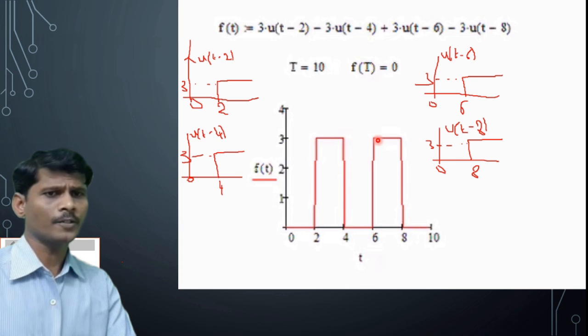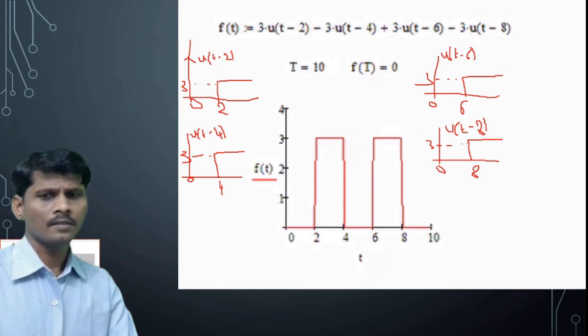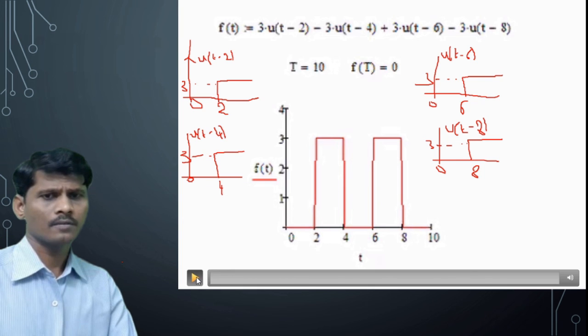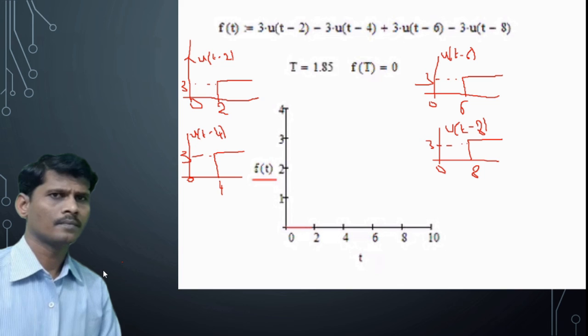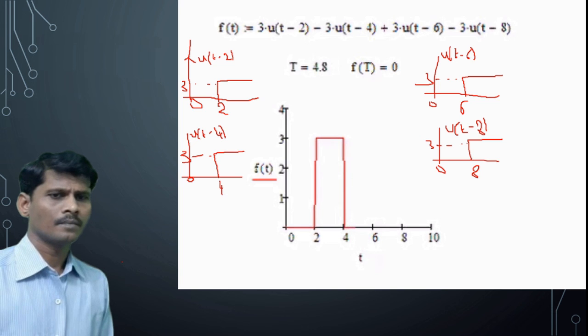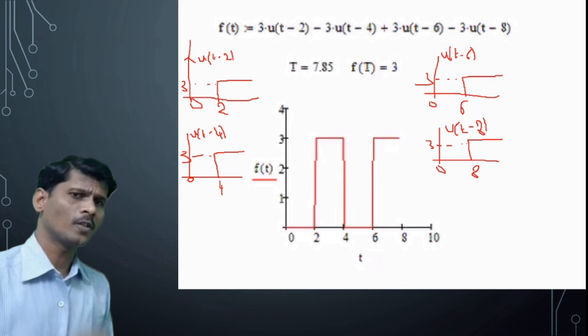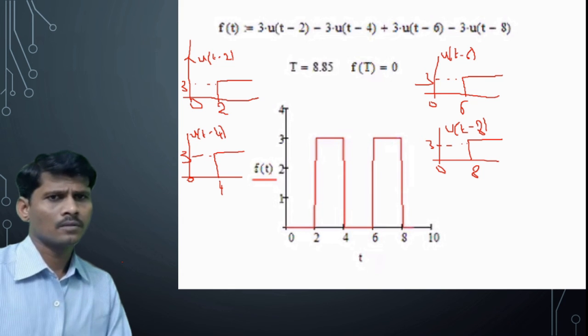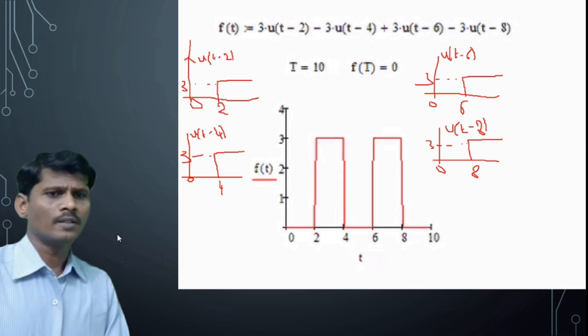From 6 to 8 the magnitude is 3. So once again, see the animation. That is the complete graphical representation of the given signal.